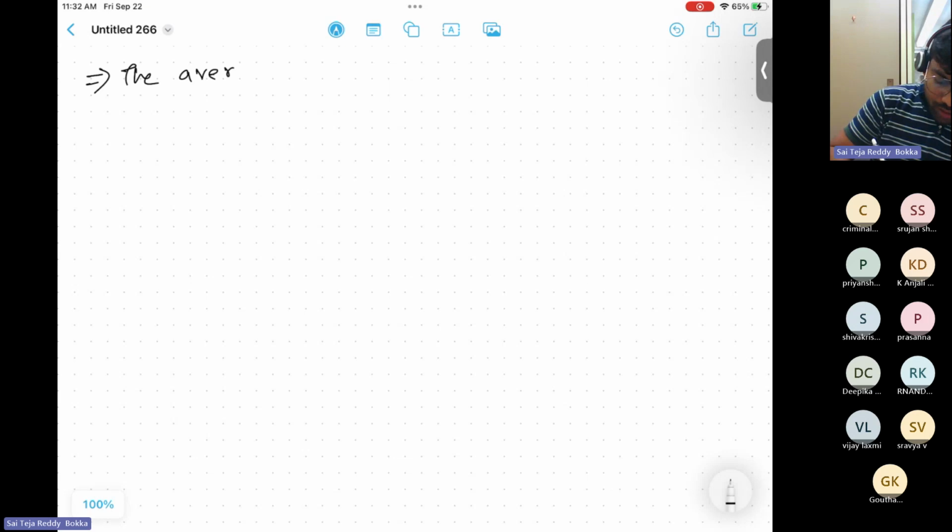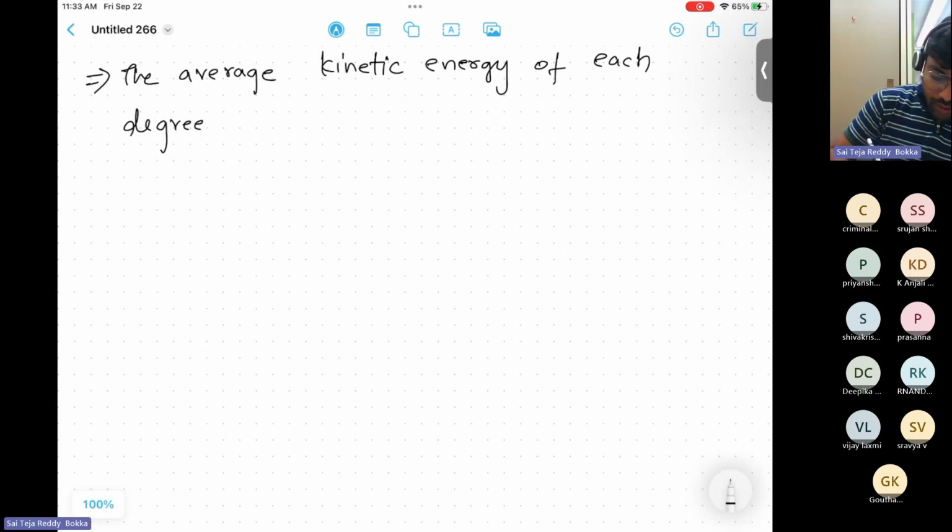The average kinetic energy of each degree of freedom is associated with half kT.